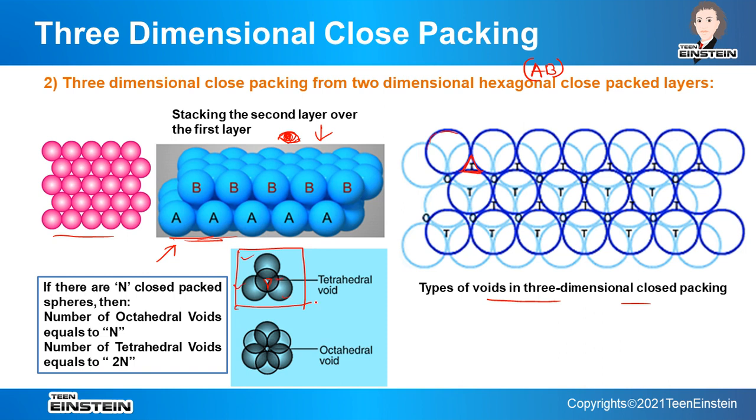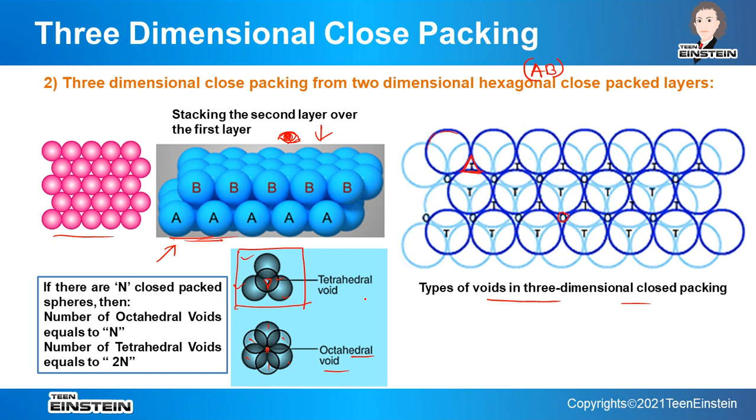So that is why this type of void is known as tetrahedral void. And there is another type of void, which is known as octahedral void. Now why is it so? Because surrounding this void there are a total of 6 particles, 1, 2, 3, 4, 5, 6. That is why this is known as octahedral void.